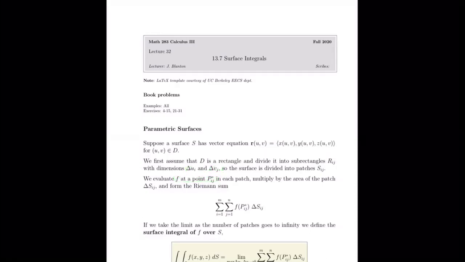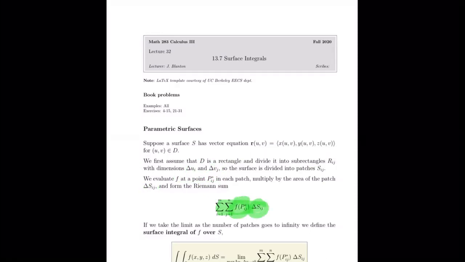And multiplied by the area of the patch, which we'll denote as delta S ij, we can form the Riemann sum given here. So we're approximating the evaluation of the function f over the region D along the surface S.